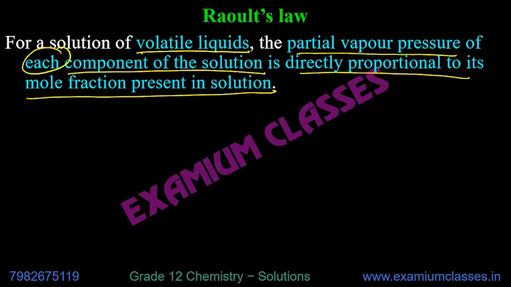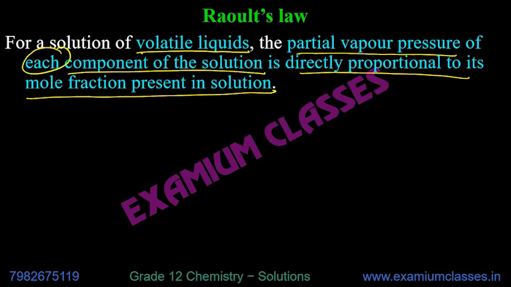So instead of just one liquid and gas above it, Raoult's law is talking about two liquids mixed together and both are volatile. So both will have their vapors above them. In a closed container, they will cause the partial vapor pressure. And due to that vapor pressure, some amount will actually be vaporized.